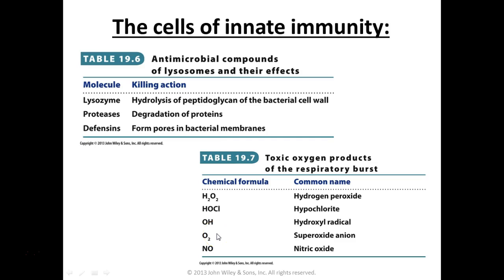And that's why it's so destructive, because it has more electrons than it should, you could say. And nitric oxide is another one. So these are all toxic forms of oxygen that we can throw at microbes in large numbers, so much so that even if they have enzymatic protection against it, we can kill them with it.